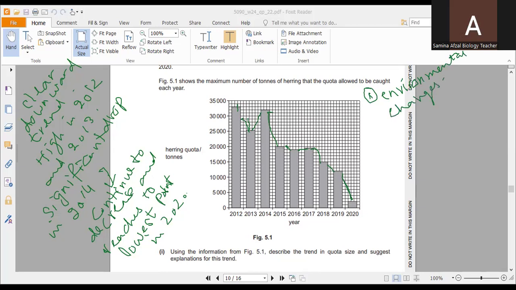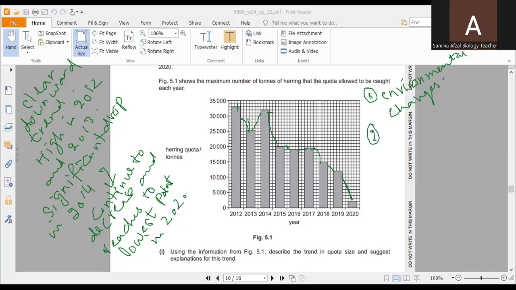The change in the environment, such as the temperature of the water, if it is changed, or the availability of food resources could negatively impact herrings' survival and reproduction rates. So if there are changes in the environmental temperature, it can affect the population of the herring.